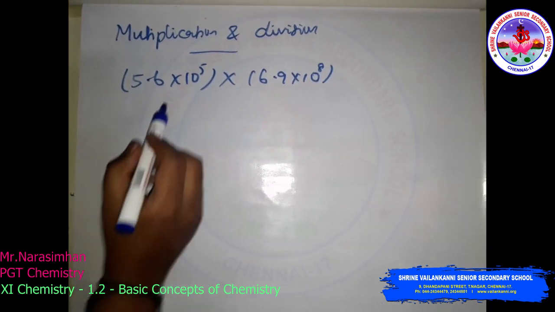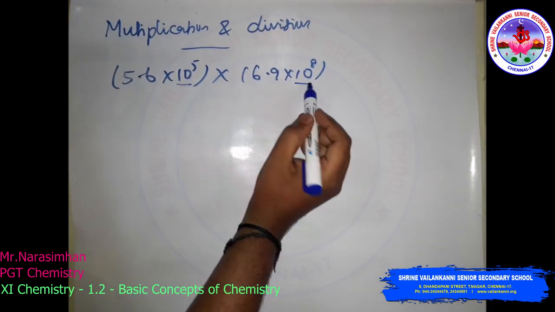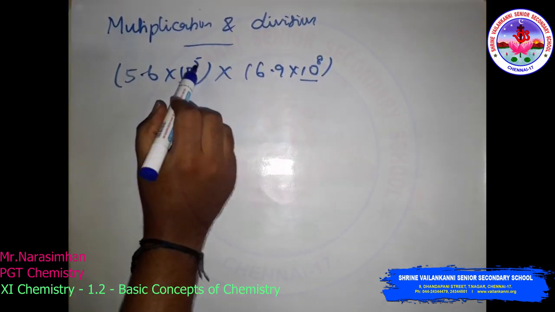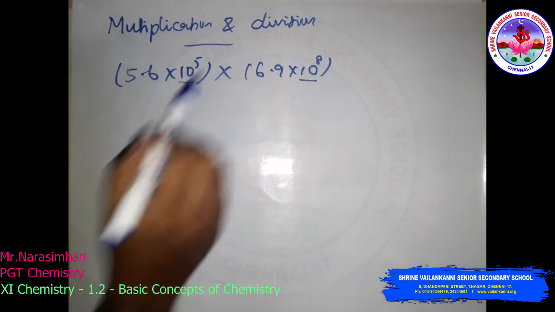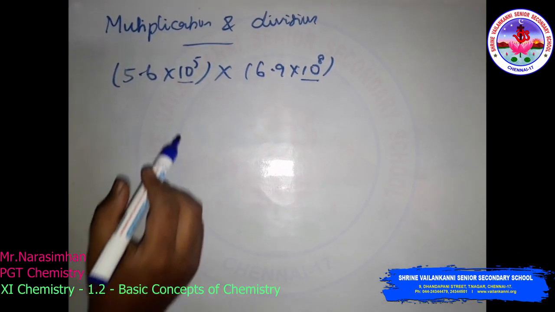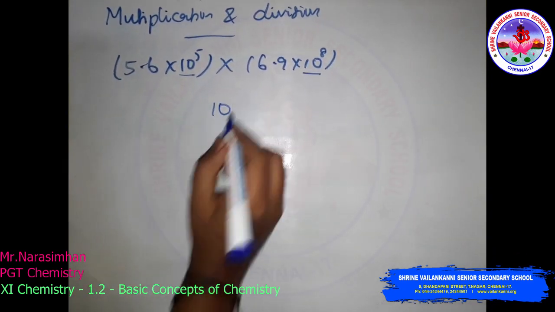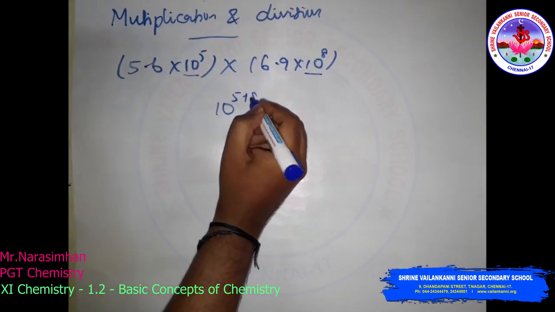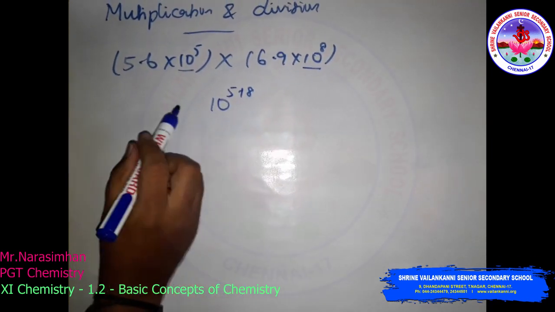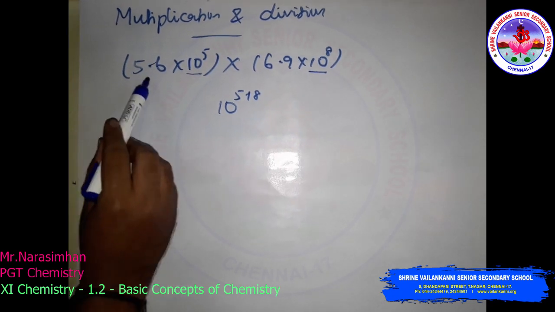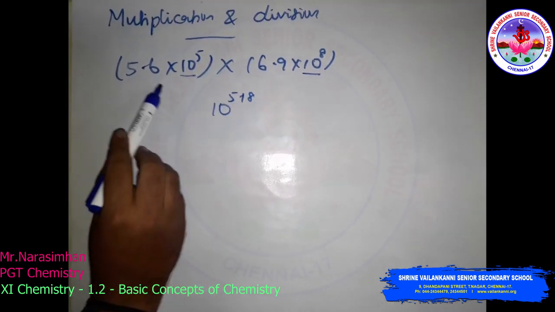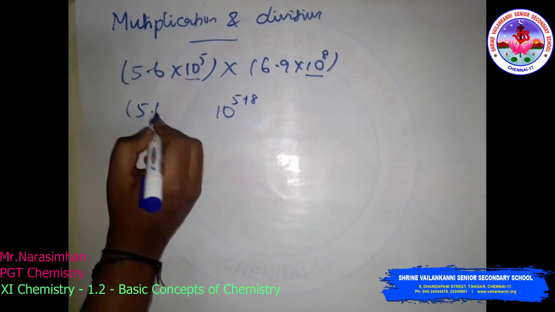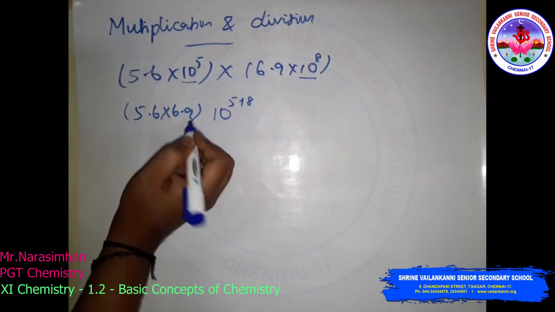First treat the 10 as a constant and just add the powers, 5 plus 8. Then write 5.6 and 6.9 and multiply them.